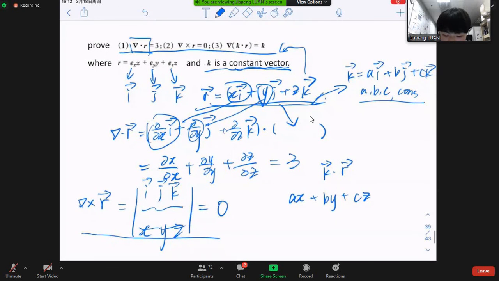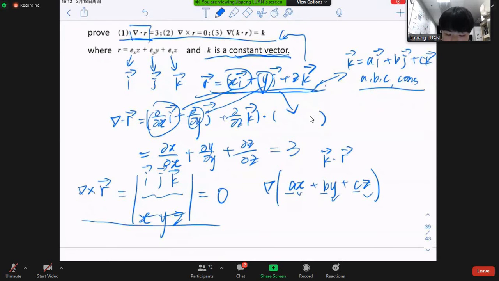You need to remember that a, b, c are constant, and x, y, z are coordinates in the coordinate system. So the gradient of this scalar is actually a vector.